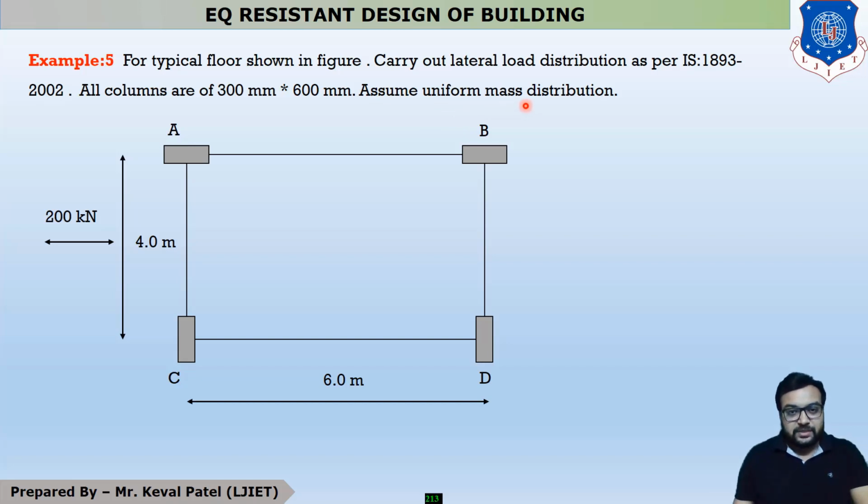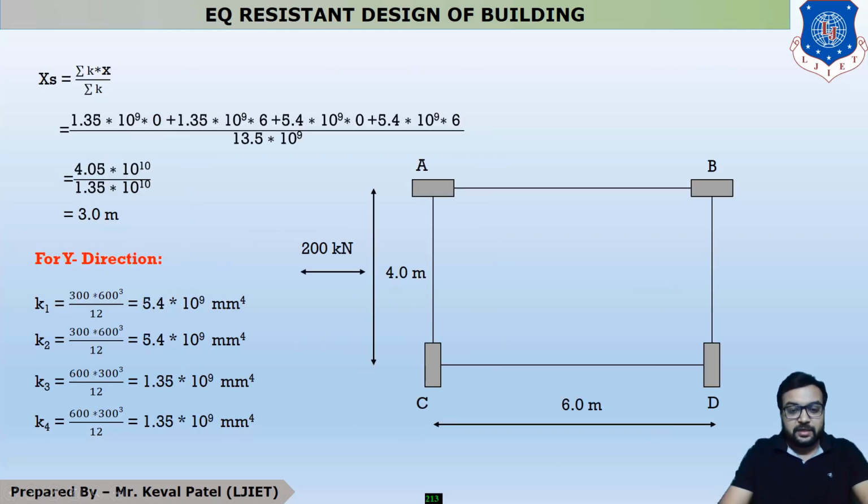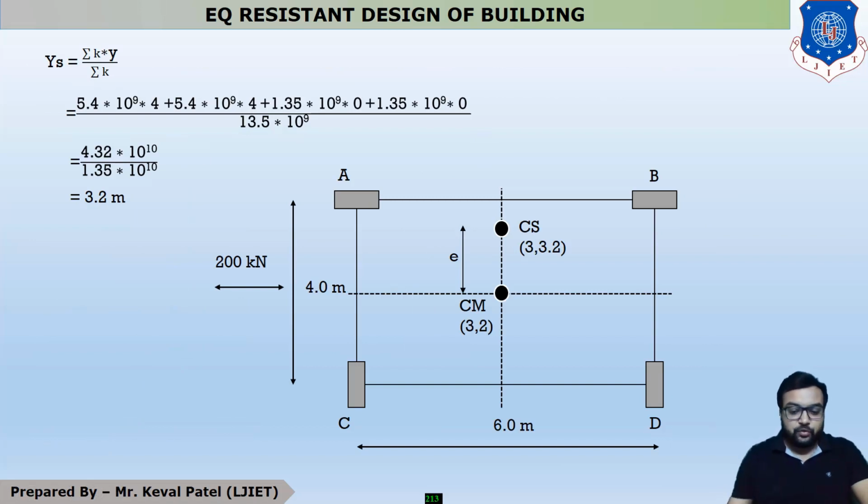Uniform mass distribution means the center of mass is exactly at the center point. The second one is the center of stiffness, whose coordinates are (3, 3.2). So you can see this is your center of mass and this is your center of stiffness.